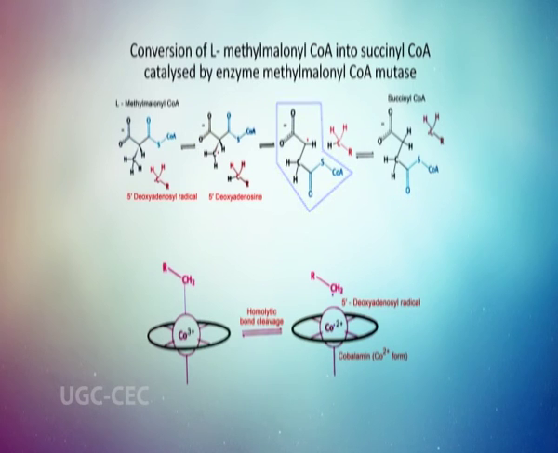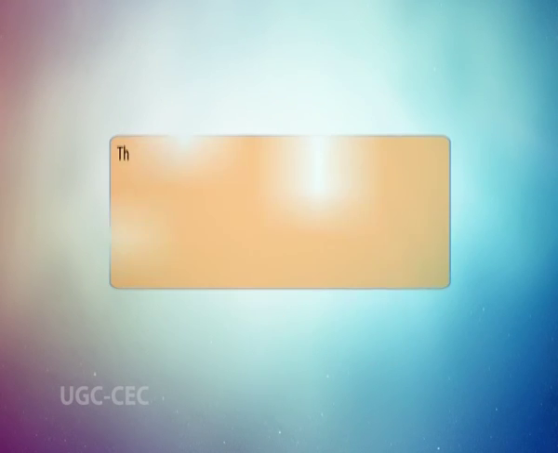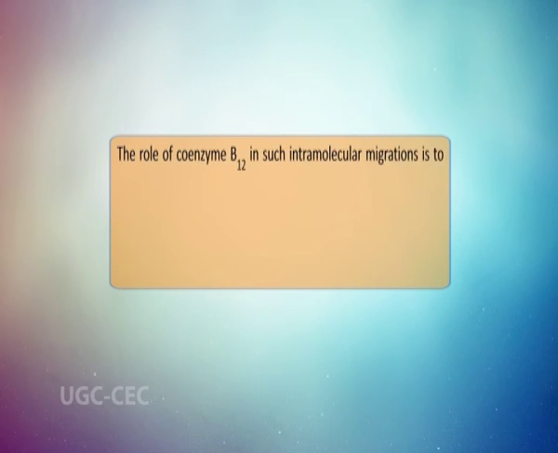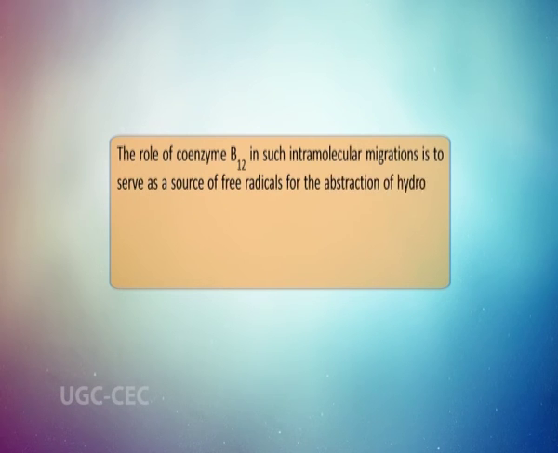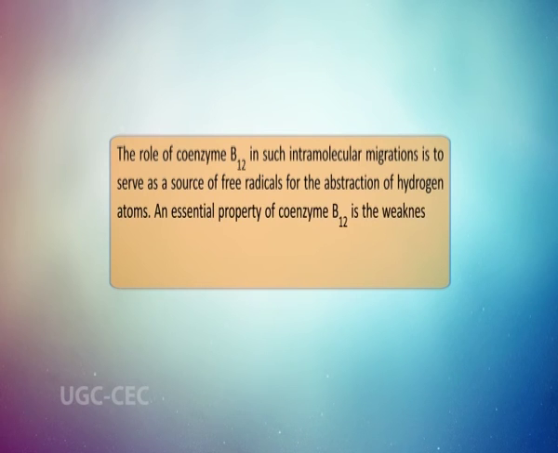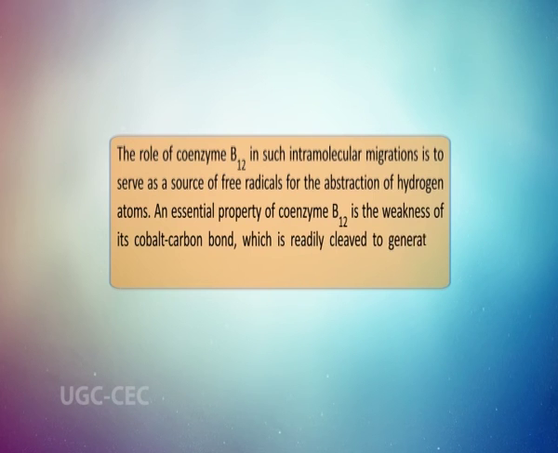This product radical abstracts a hydrogen atom from the methyl group of 5'-deoxyadenosine to complete the rearrangement and return the deoxyadenosine unit to the radical form. The role of coenzyme B12 in such intramolecular migration is to serve as a source of free radicals for the abstraction of hydrogen atoms. An essential property of coenzyme B12 is the weakness of this cobalt-carbon bond, which is readily cleaved to generate a radical.